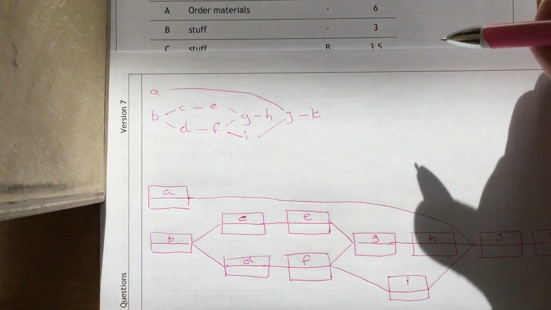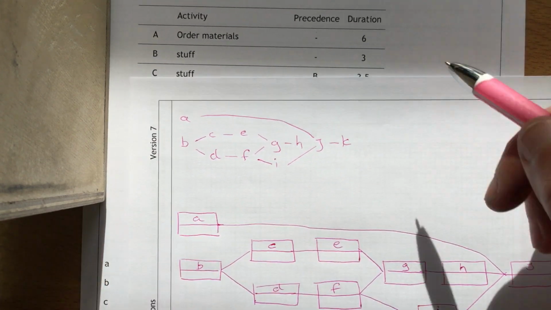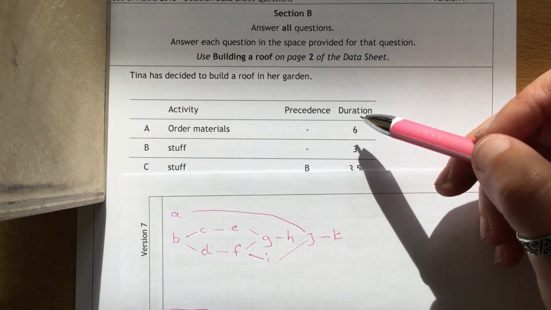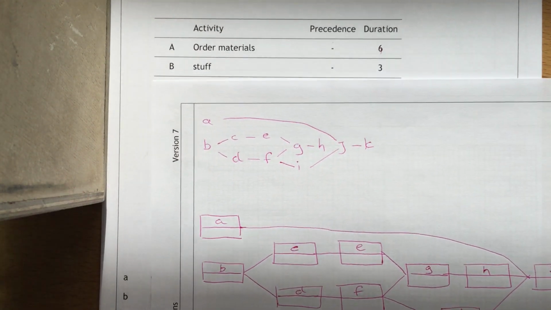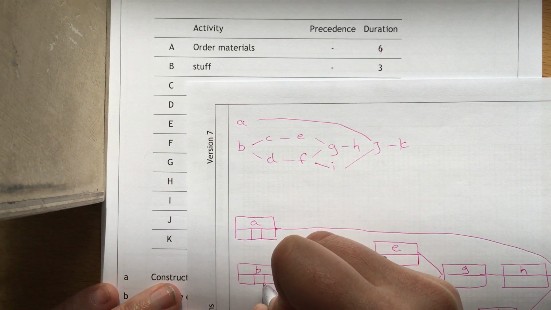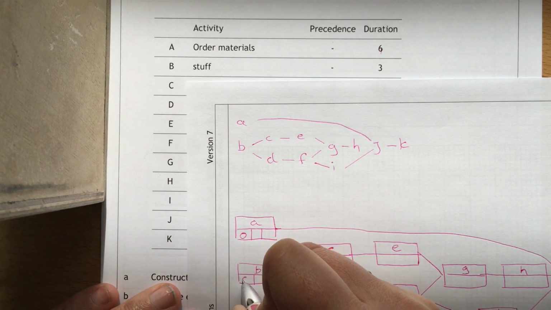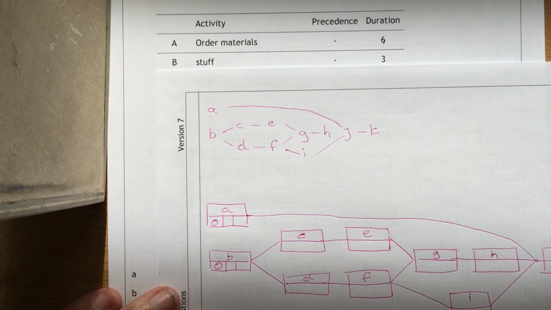From here we need to put in our duration, so that's the column on your question sheet. Okay, so A, both A and B don't have anything in front of them, so they're going to start at 0.